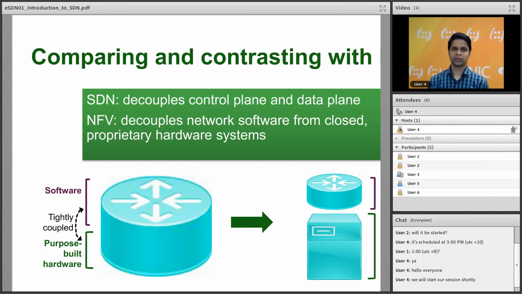Neither SDN nor NFV is directly dependent on the other, so there's no dependency. You could have SDN, you could have NFV, or you could have both. However, significant benefits can be realized by using both of them together. In fact, many of the NFV use cases are enhanced with the adoption of SDN capability.